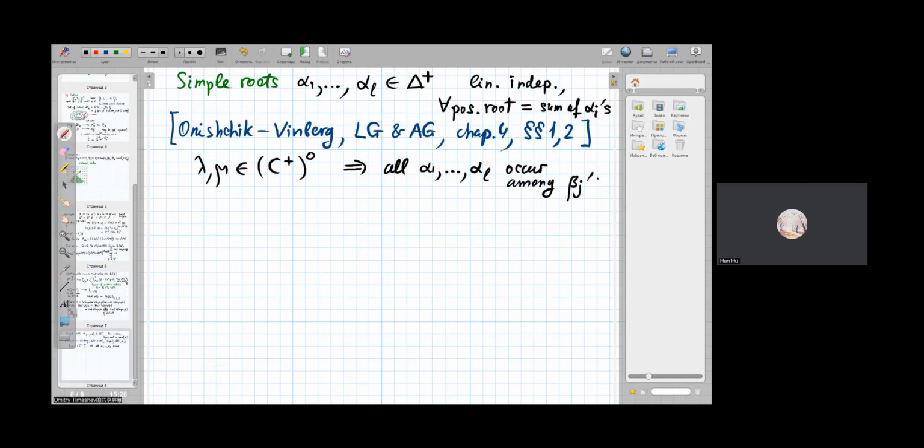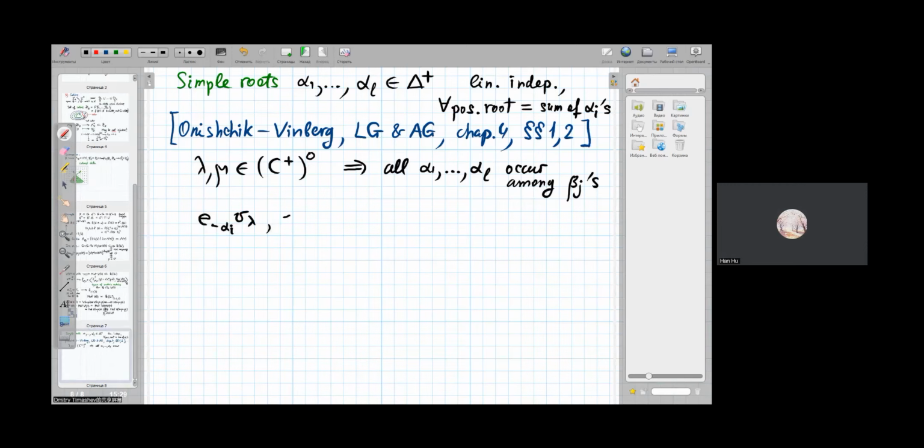All simple roots occur among beta j's. This is an easy exercise again in representation theory. If you know representation theory of reductive groups, let me just describe it in a very sketchy manner. So if lambda and mu are in the interior of the positive Weyl chamber, then you may take the highest weight vector, V sub lambda, and apply the root vector in the Lie algebra corresponding to the root minus alpha i, the negative simple root.